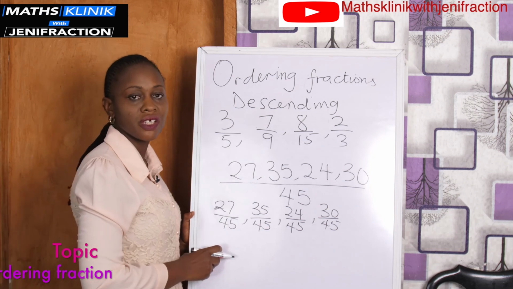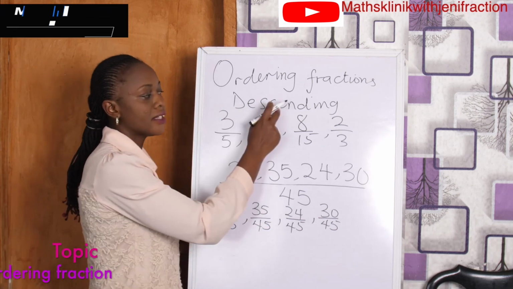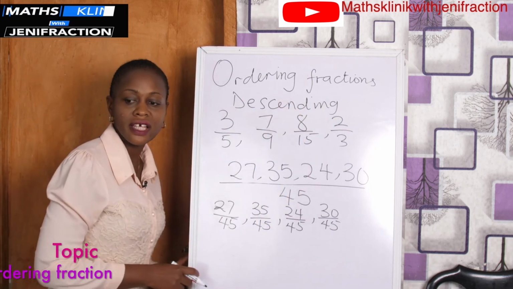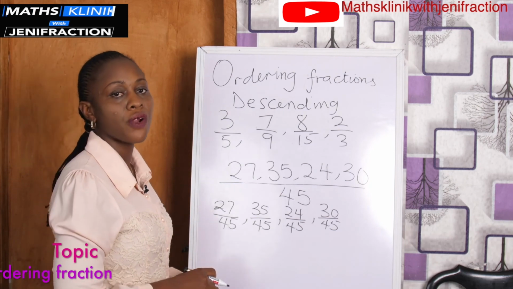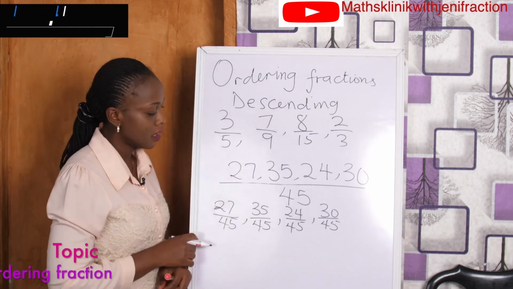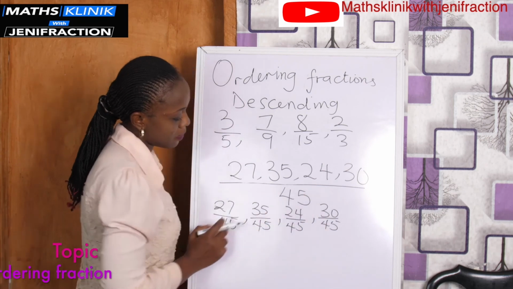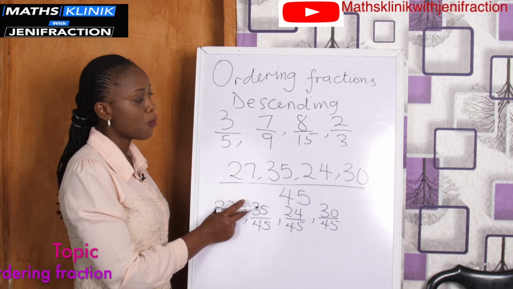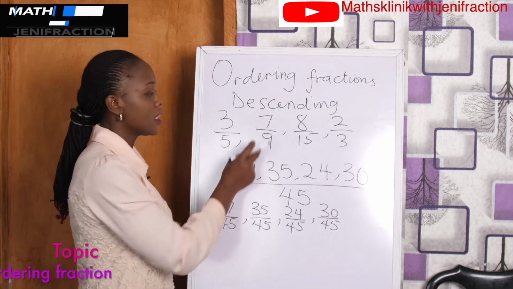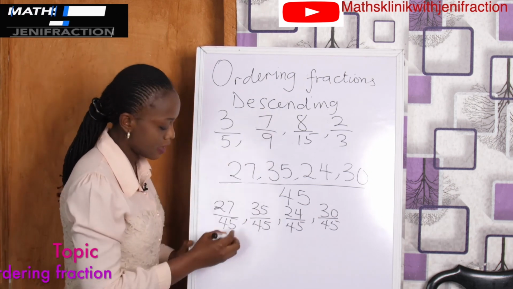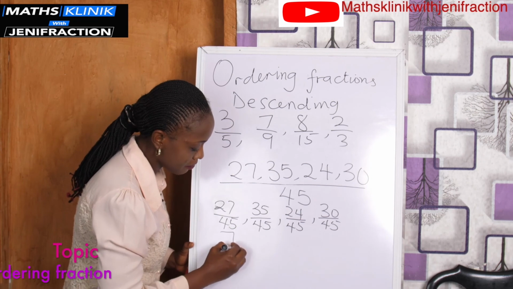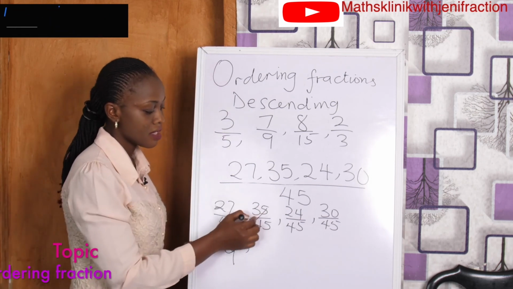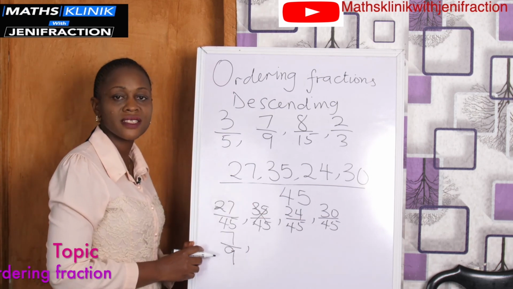And we are arranging in descending order. Descending is arranging from the biggest. Now, what is the biggest number here? Our biggest is 35. So what fraction goes for 35? 7 over 9. So I write down my 7 over 9. This is out. What is the next biggest?